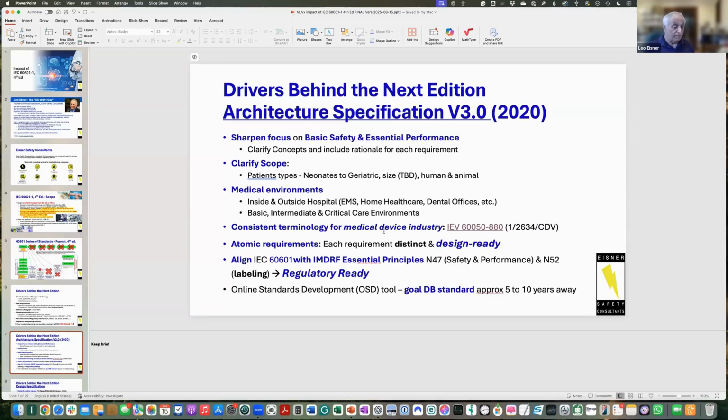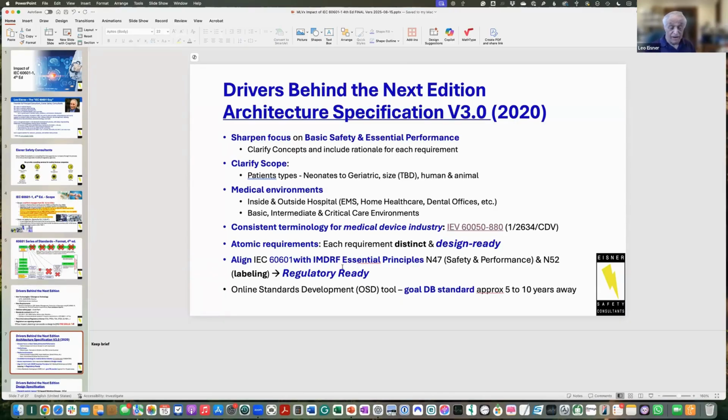So they're really trying to make it work across the board for all the technical committees, including TC 210, 198, all the different technical committees that are involved in many different aspects of the industry, not just the electrical devices. Having atomic requirements so they're distinct and design ready so you can write design specs.